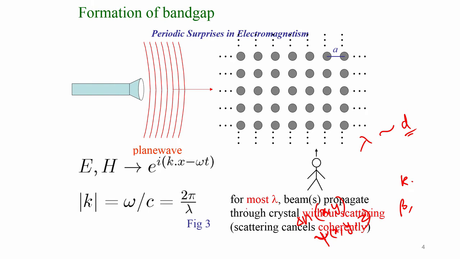For most of the wavelengths you can say that the light propagates through, and when there are phase matching sort of conditions, then light of those wavelengths is scattered more and forms some gaps in the band structure.